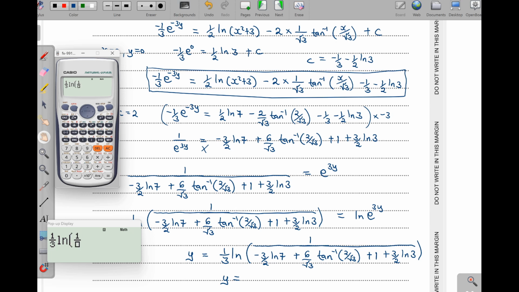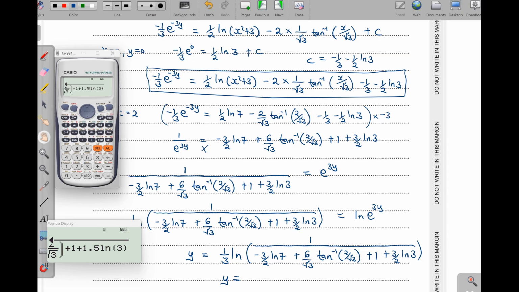Now we have a 1, then down here you have negative 1.5, then natural log of 7, then there is 6 out of root of 3, then the arctan of 2 out of root of 3, okay, then plus 1, then plus 1.5 natural log of 3, okay.